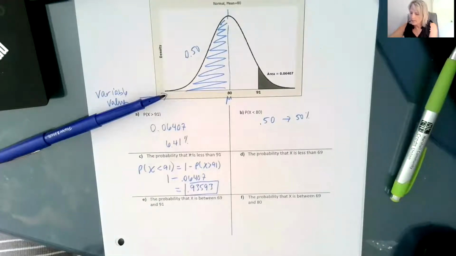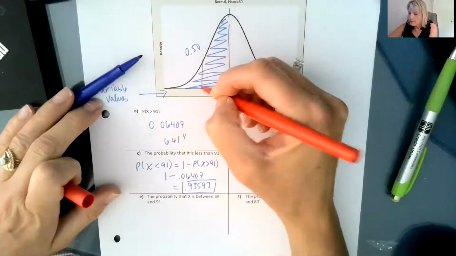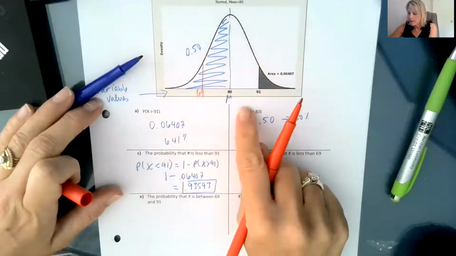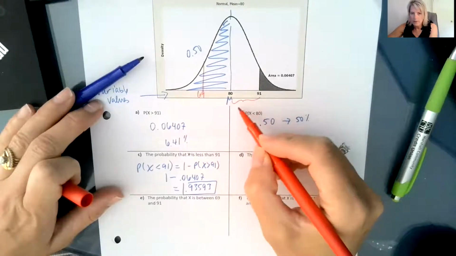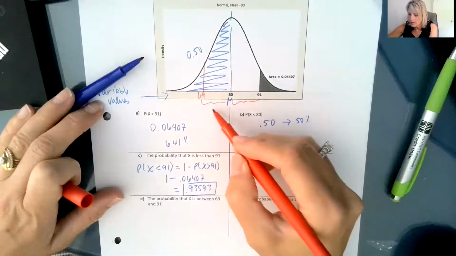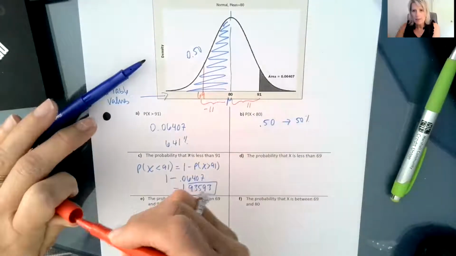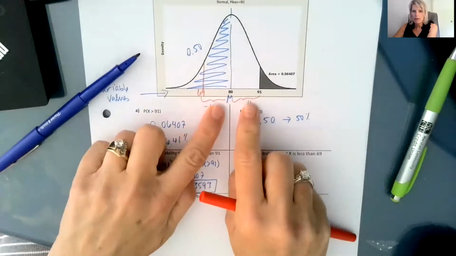So 69 should be over here, and the reason I know it's right about in this spot is because 91 is 11 values bigger than the mean, and 69 is also 11 values, but 11 values smaller than the mean. So we don't know anything about standard deviations to use the empirical rule, but we do know data values.